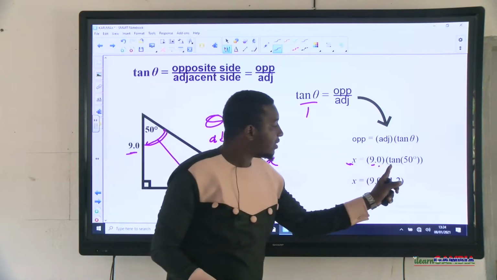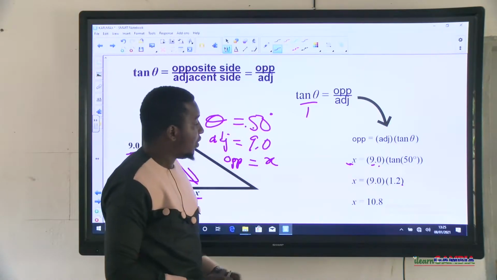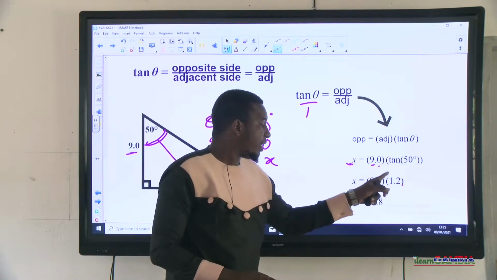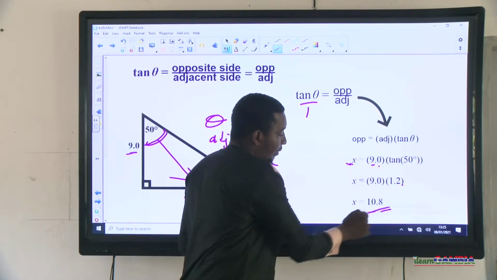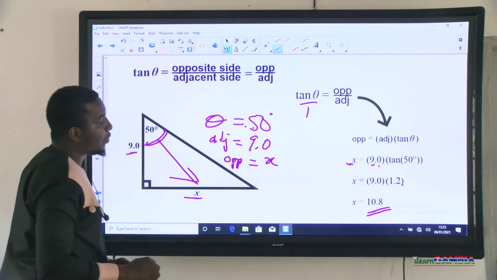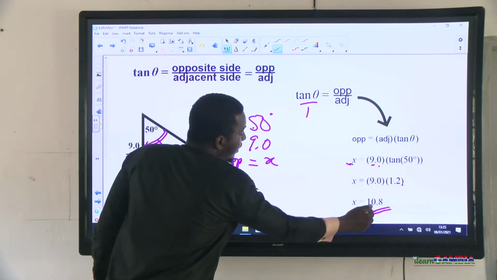Again, if you simplify tan 50, you are going to have 1.2. So we are going to have 9.0 multiplied by 1.2, which is going to give us 10.8.